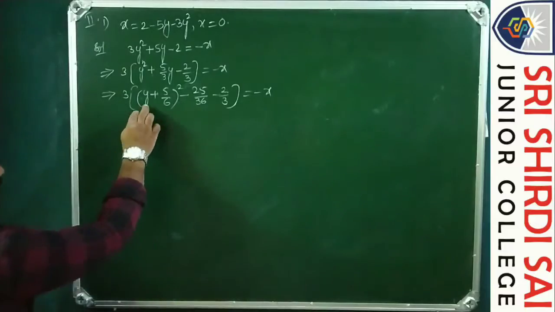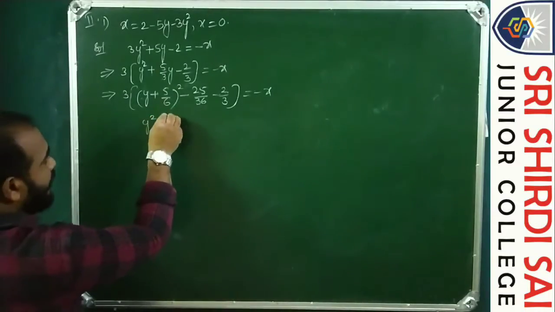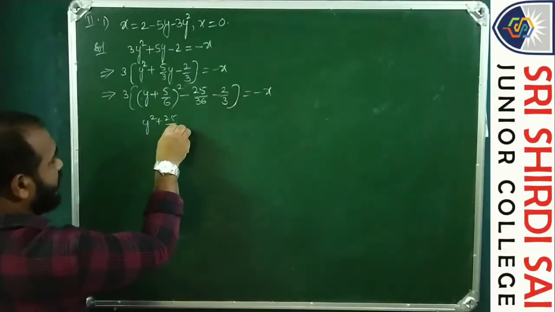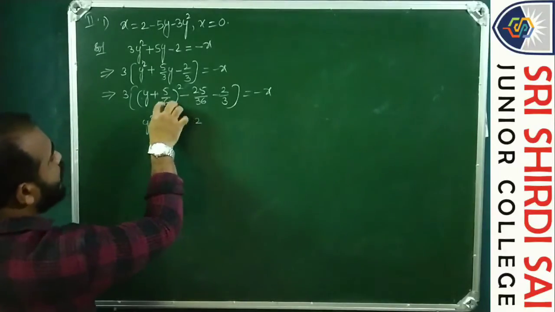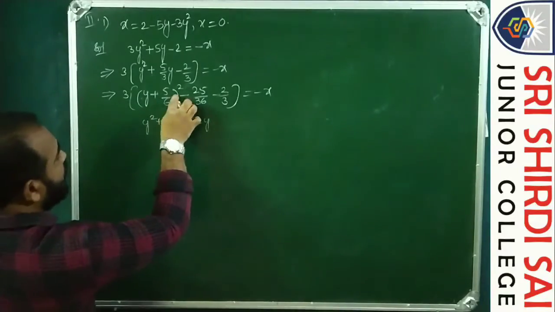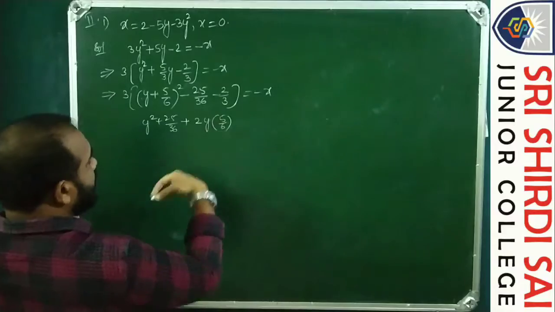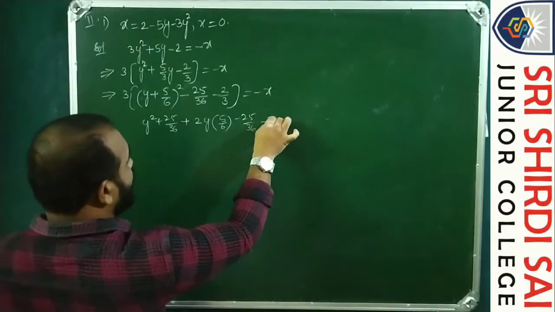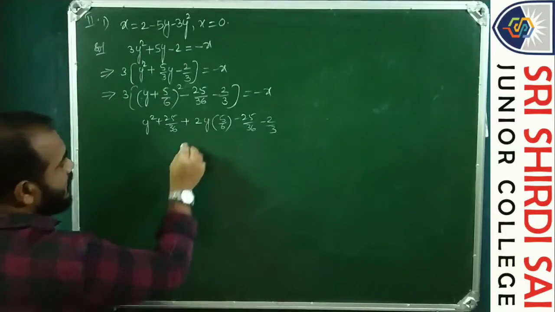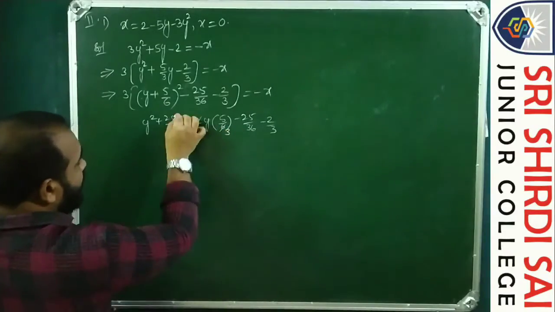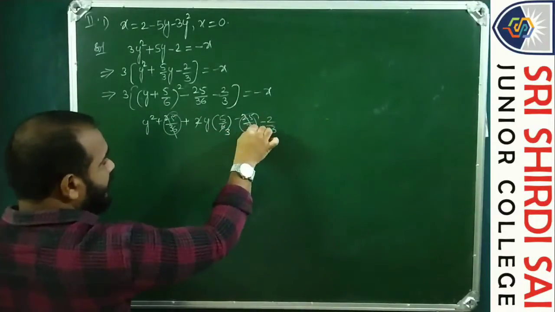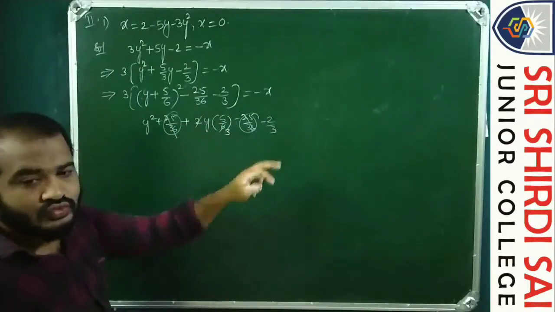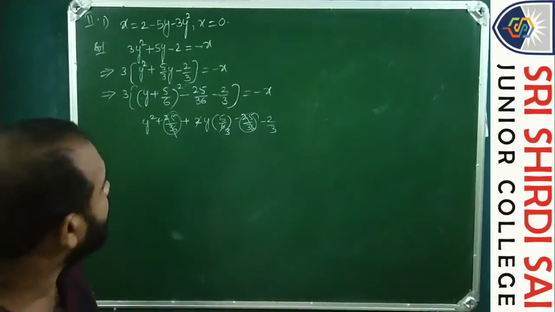Otherwise see it. y square plus 25 by 36 plus 2 into y into 5 by 6, minus 25 by 36, minus 2 by 3. So this is 3 times; plus 25 by 36 minus 25 by 36 gets cancelled, minus 2 by 3. So we can write like that.